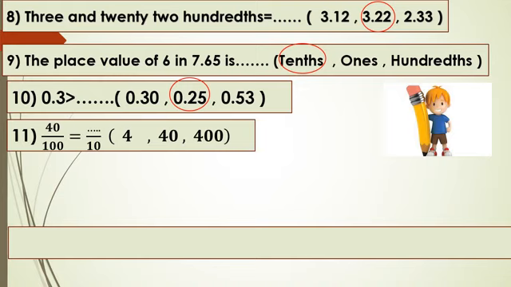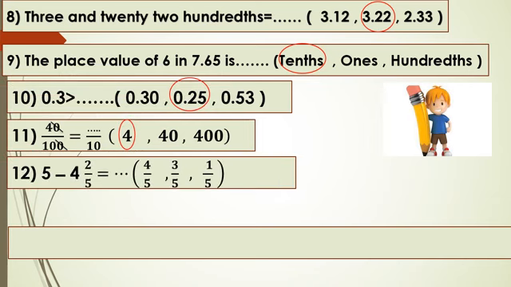We get 4 over 10. Or we can cancel 0 from the numerator and cancel 0 from the denominator. We get 4 over 10. We get the same result. So 40 over 100 equals 4 over 10. So we choose 4.